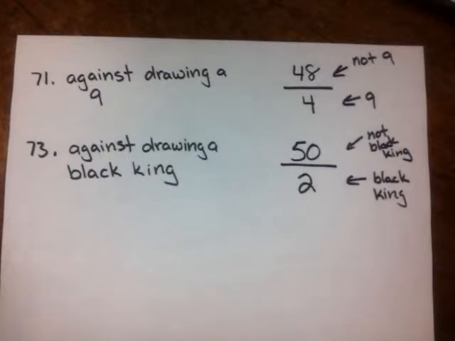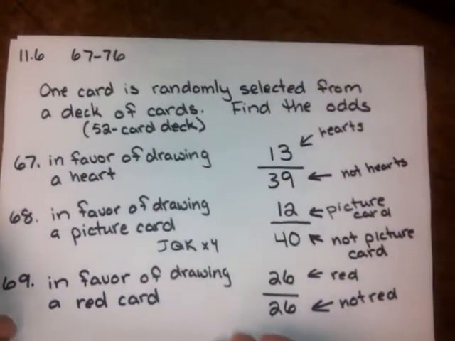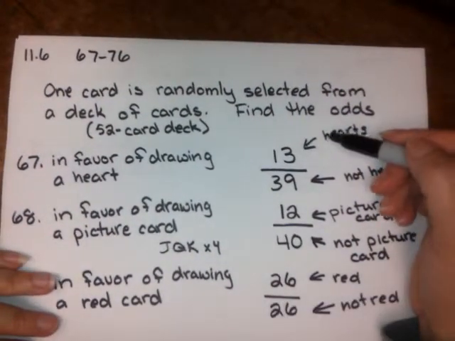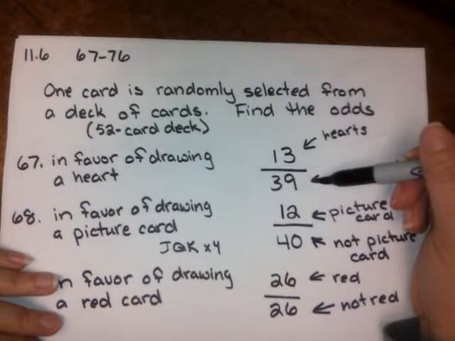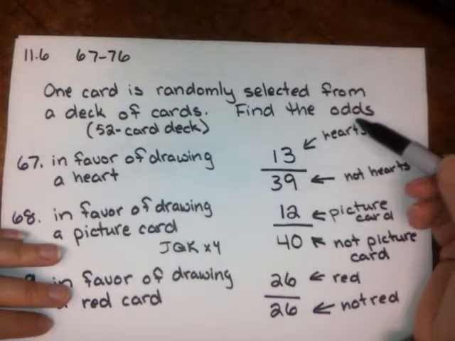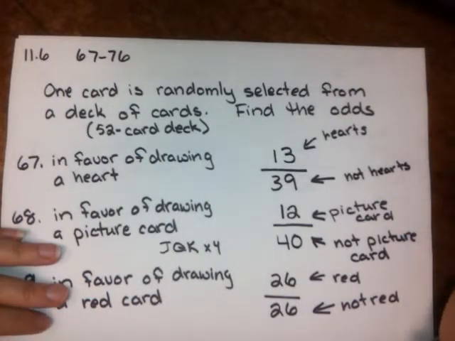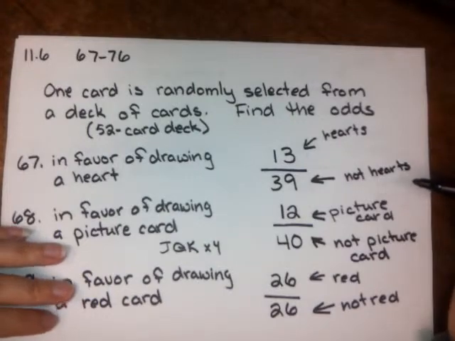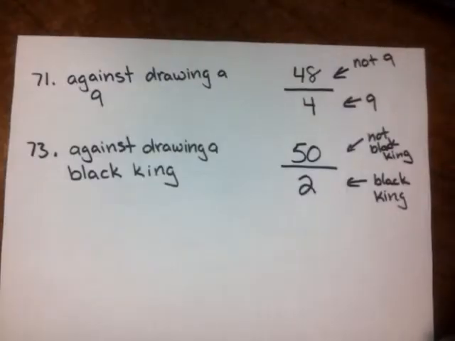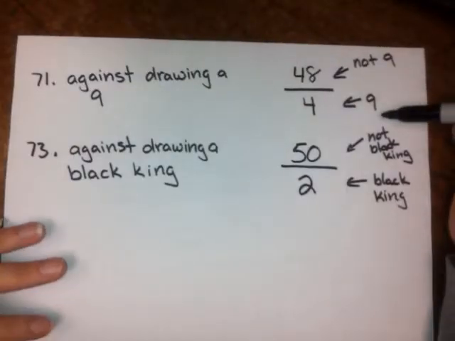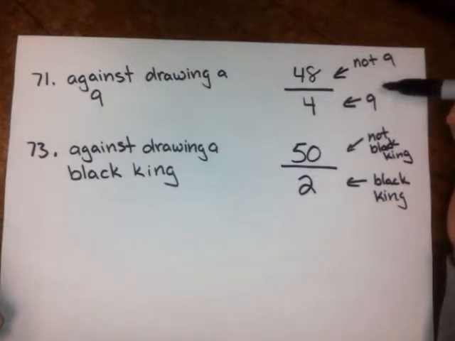That's odds in favor and odds against drawing several different things from a deck of cards. Remember that we're talking about odds in favor, successes go on top and failures go on bottom. So in the case of drawing a heart, the number of hearts goes on top, the number of not hearts goes on the bottom, and when we're talking about odds against, our successes go on the bottom and our failures go on the top.